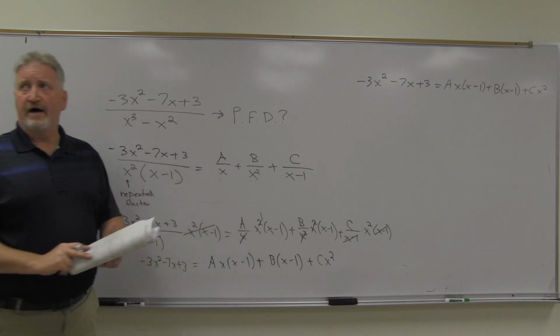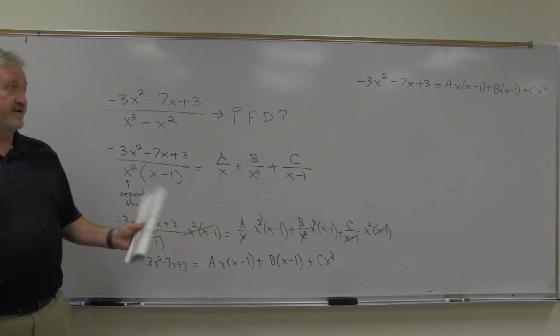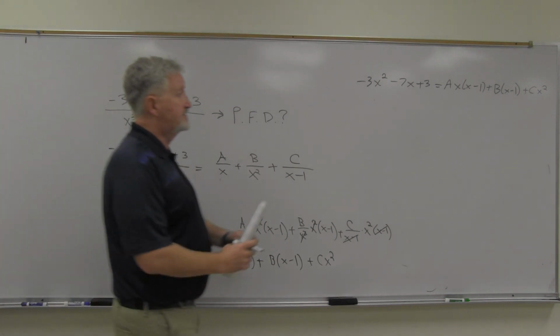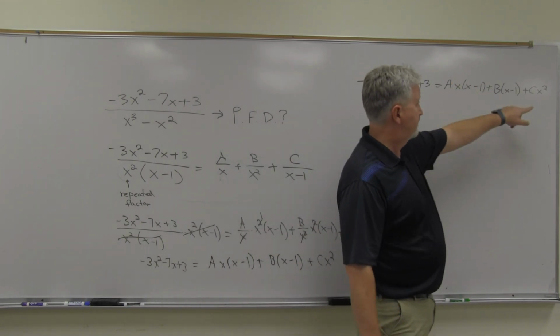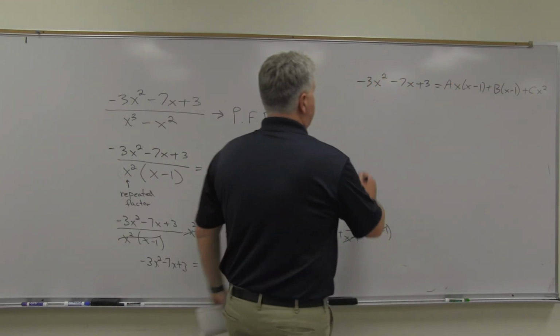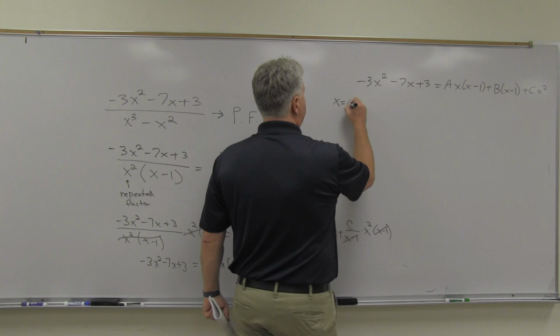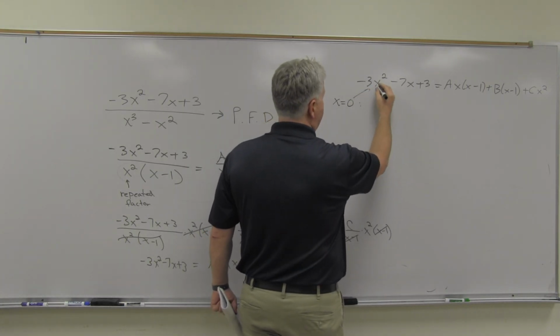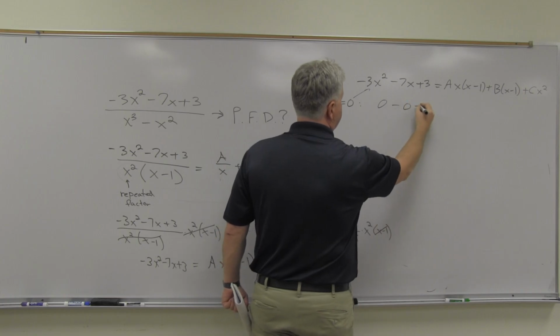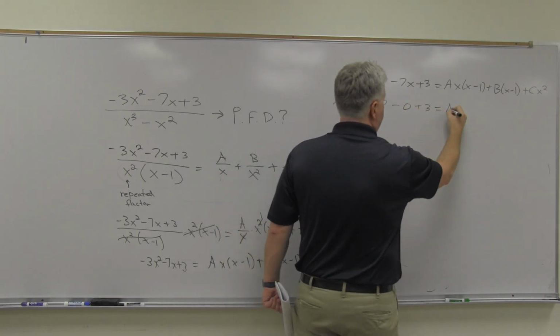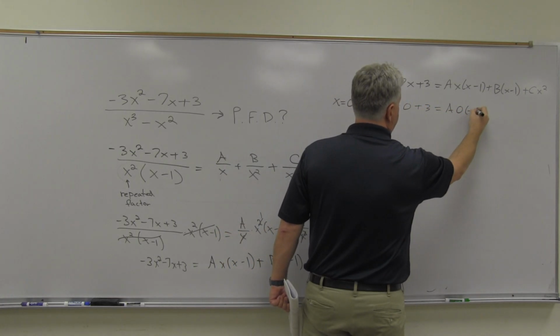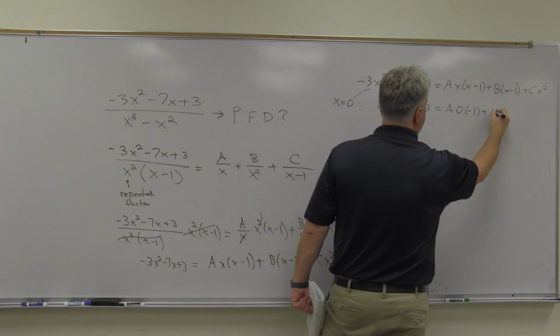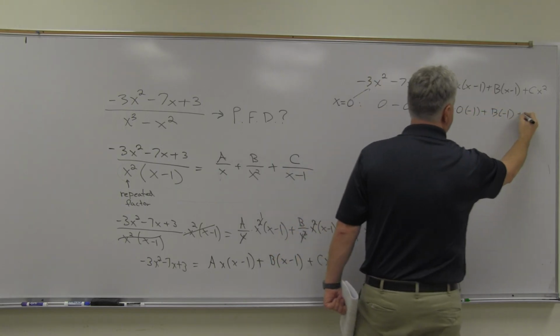And so, obvious choice here is x is 0, right? If I do x is 0, that's going to make 2 cancel out, and a lot of others. So if x is 0, that makes that 0, that's 0, that's 3. That's going to be a times 0 times negative 1, b times negative 1, and c times 0.